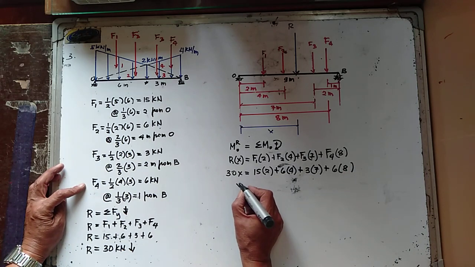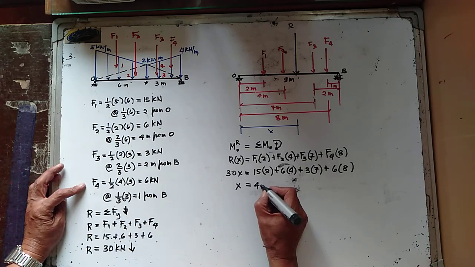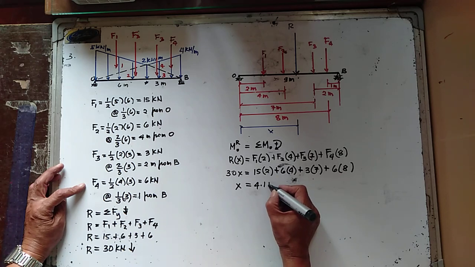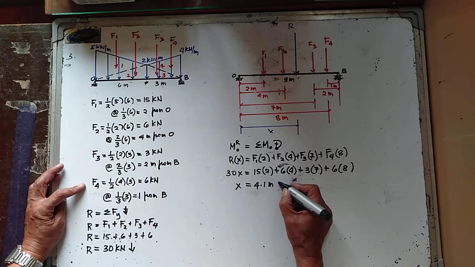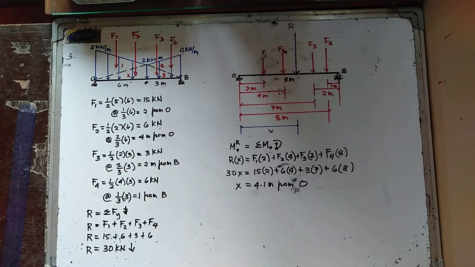Hence, your X is now equal to 4.1 meters from point O.